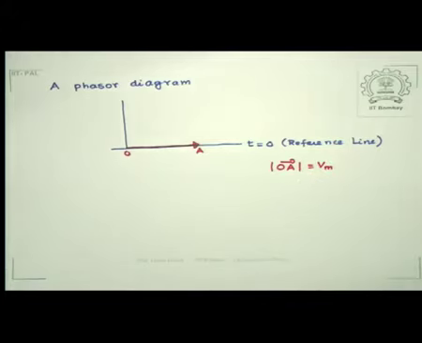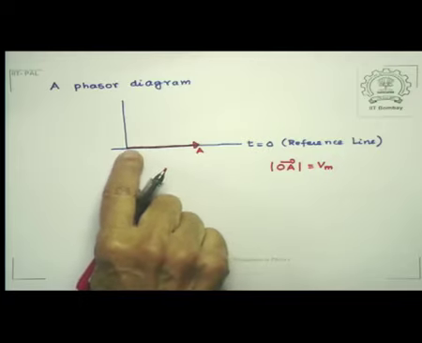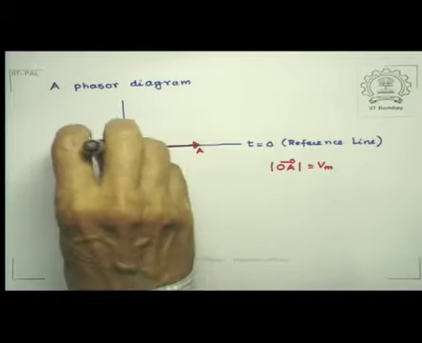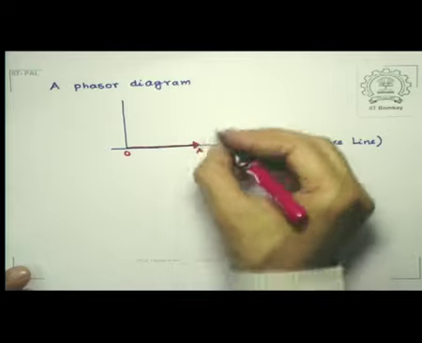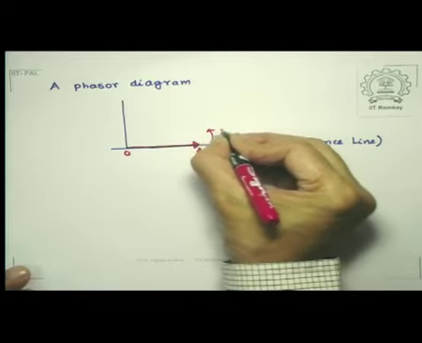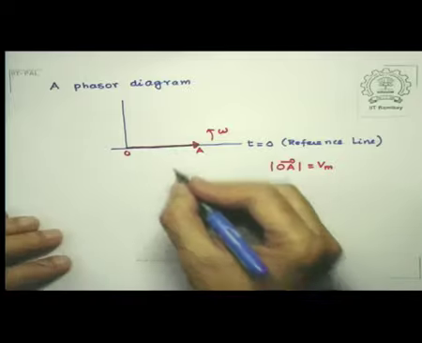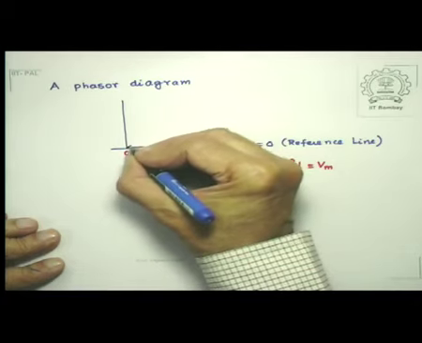Now, what I assume is this: keeping the end O fixed, this vector rotates about an axis perpendicular to the plane of the paper, passing through O, with an angular velocity omega. So at time t, the angle that it has swept is omega t, and this vector then lines up like this.